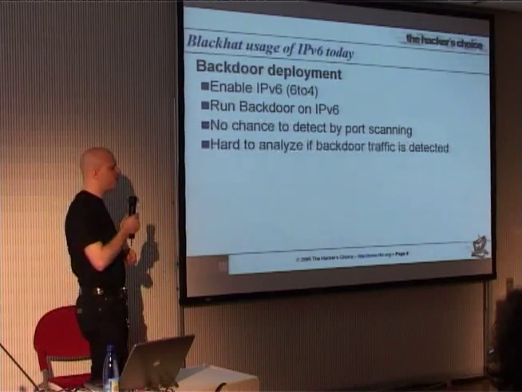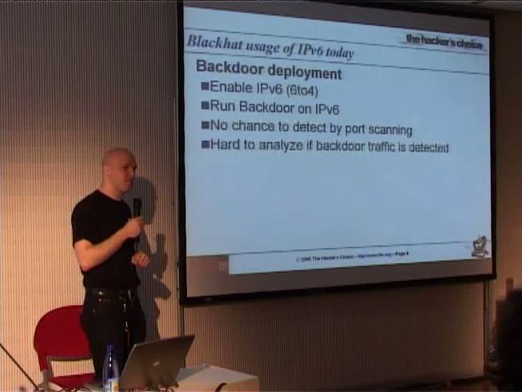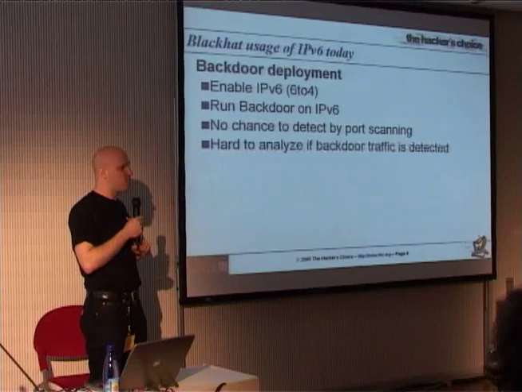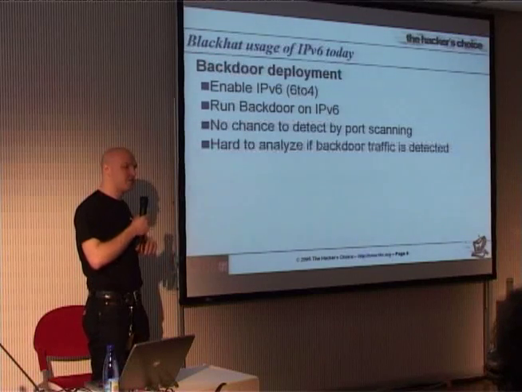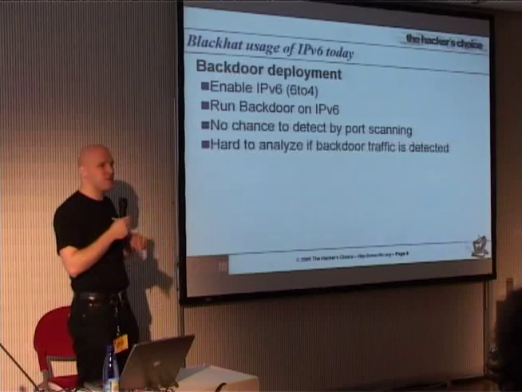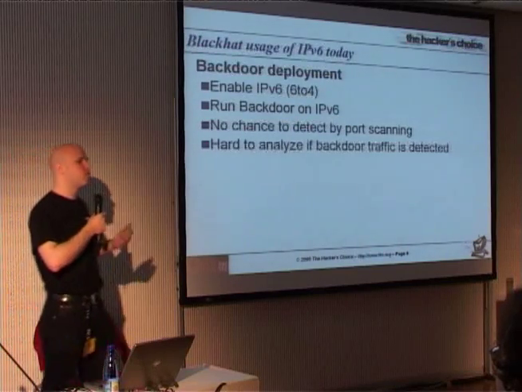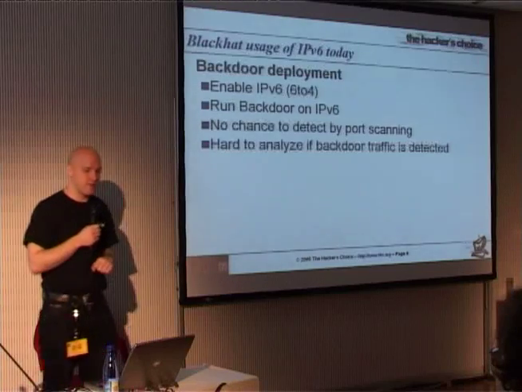So Lance Spitzner was the first to find that on a honeypot, where a hacker hacked his Solaris box, then enabled 6 to 4, 4 to 6, and, well, hey, Ethereal doesn't show me anything. What can I do? What is this guy doing? So this was the first usage, to hide backdoors and to prevent analysis of the traffic.